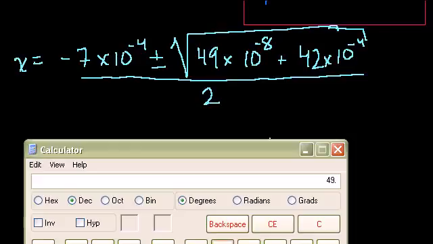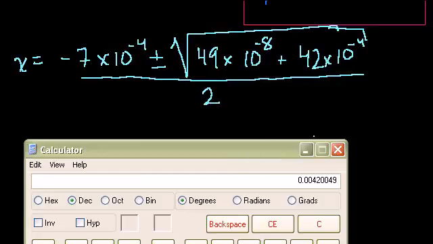So 49 e negative 8, that's the small number, plus 42 times 10 to the negative 4, is equal to that. So that's this value right here.